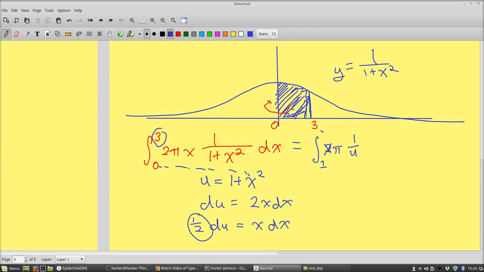So from 1 to 5. And is this it? There's du. So this is pi times natural log of the absolute value of u from 1 to 5, which is pi times natural log of 5. Interesting.